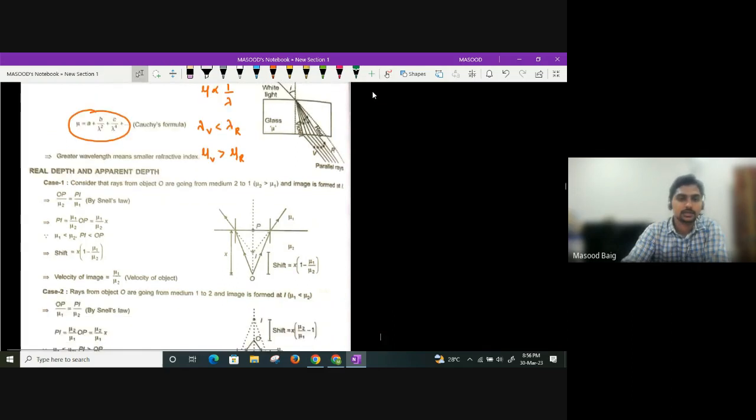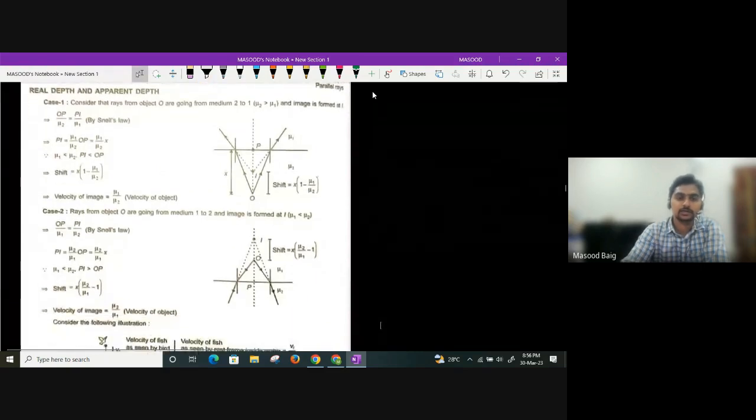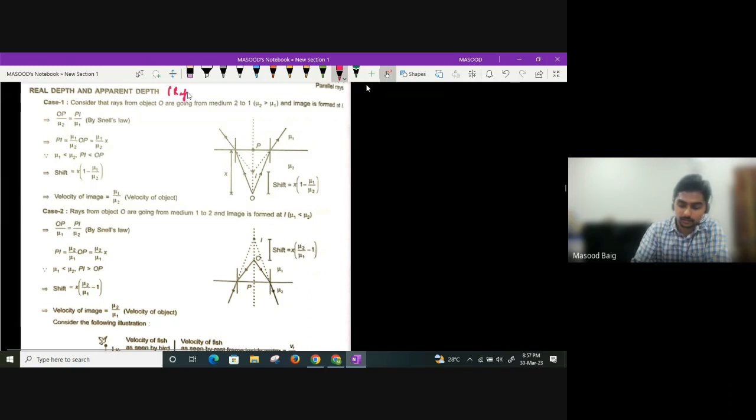The other very important point is the real depth and apparent depth case, guys. This case will always be asked in exams again. Whatever exam it may be, definitely this case will be asked. Real depth and apparent depth. They are because of refraction. What is the reason for real depth and apparent depth?